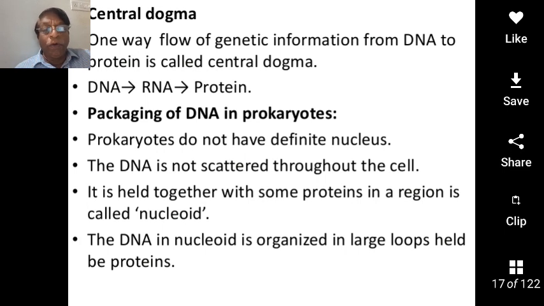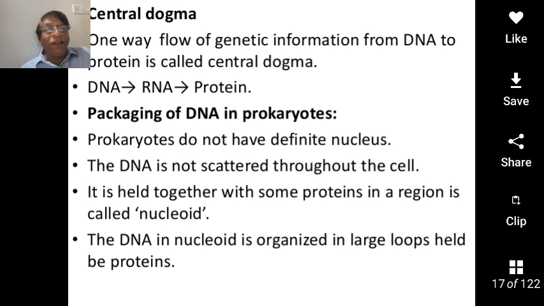Then 6.6 into 0.34 comes around 2.24. So this is how the length of the DNA can be calculated.